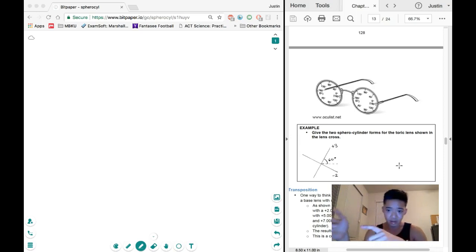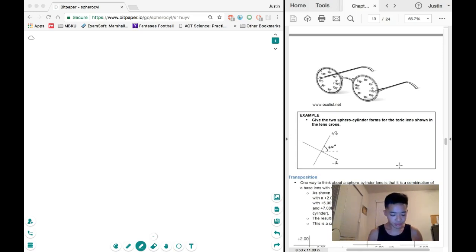Sorry, no, not 180, but it starts at 0, and then it goes, for us, counterclockwise. In the patient's point of view it is clockwise. But really, you want to look at it from your point of view as the clinician, where the numbers go counterclockwise.